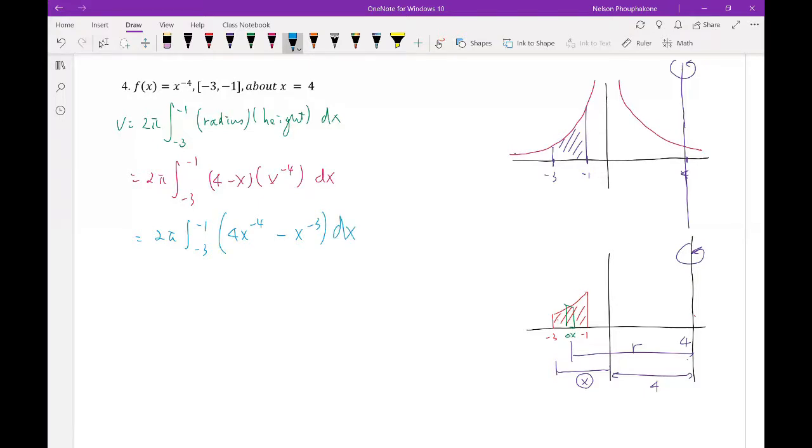Okay, so we could finish the problem now. So I will have 4 x to the -3 over -3 minus x to the -2 over -2 integrate between -3 and -1. Okay, then maybe let us simplify this.